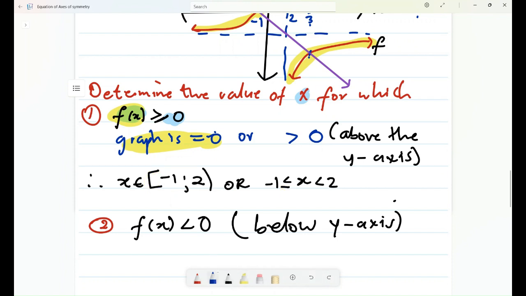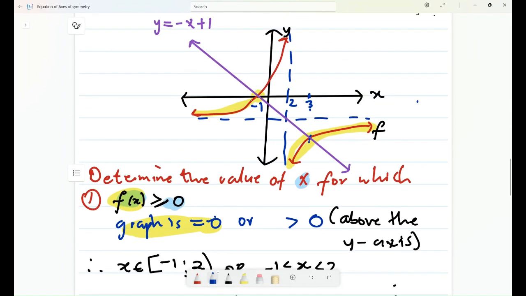The first interval that I see is that from -1 here, going to the left, my graph is below. Do you agree with me? From -1, from this point up to -infinity, my graph is below 0 for this portion.